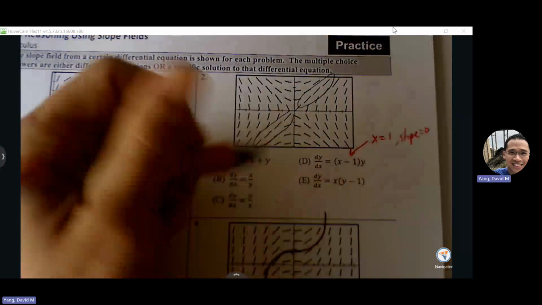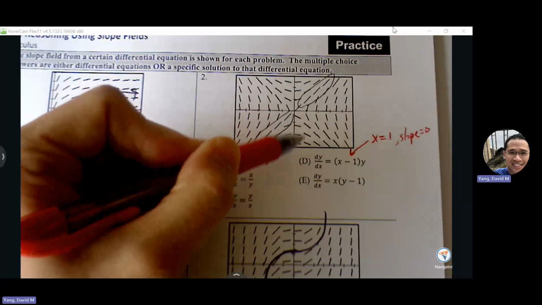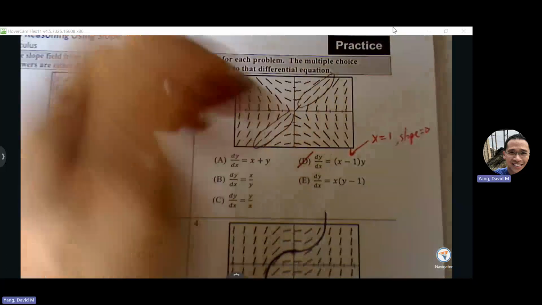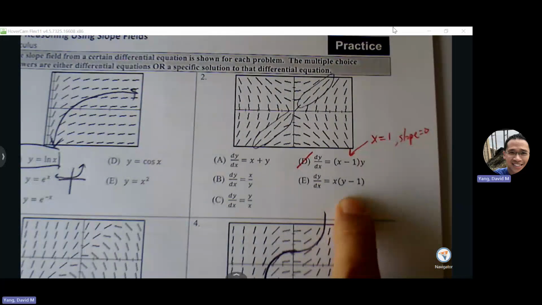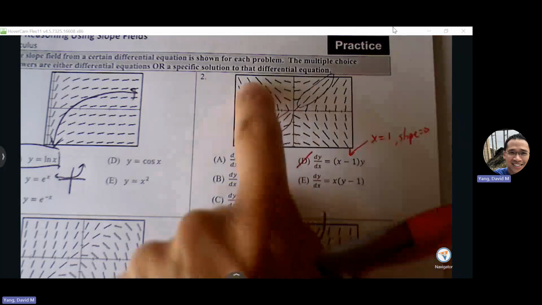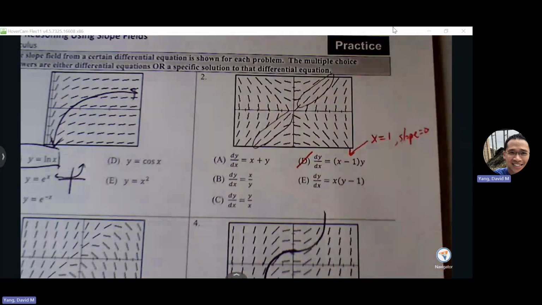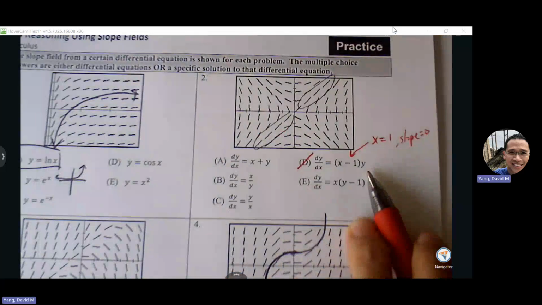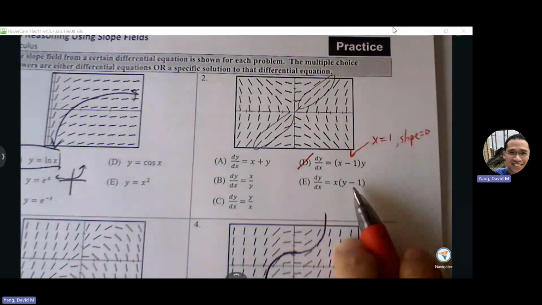Is that the case though? Do we see slope zeros here? No. So we know that this is the wrong choice. I think that's a good way to eliminate wrong choices. You look at what the choice is telling you about where the slope 0 should be, and if we don't see that on the graph, then you can quickly eliminate it. In this case, obviously we can also say slope 0 when y is 0, but this is a little bit easier to spot.